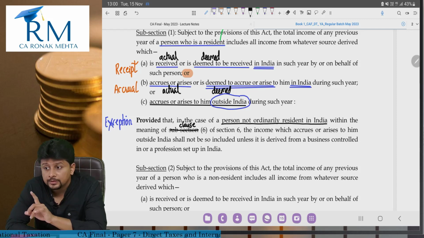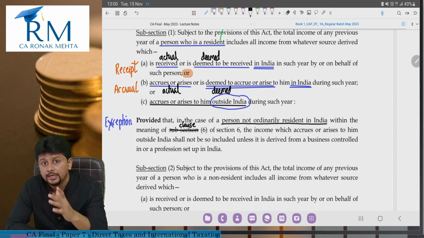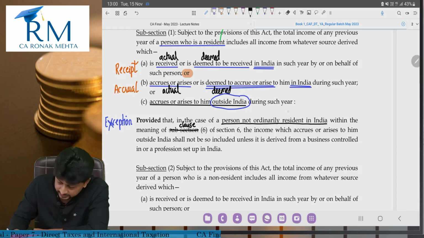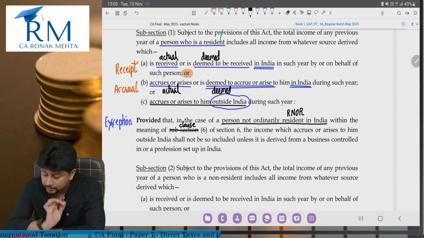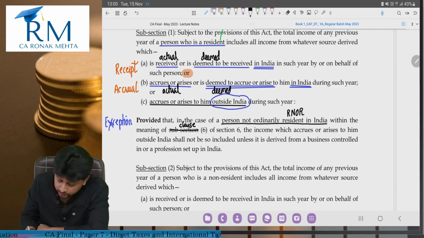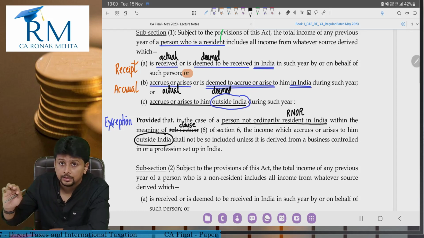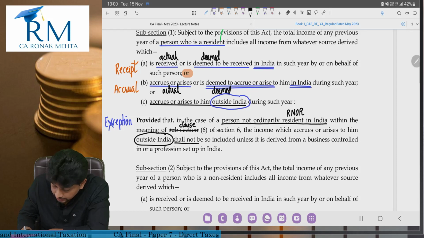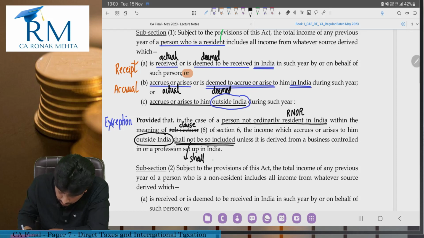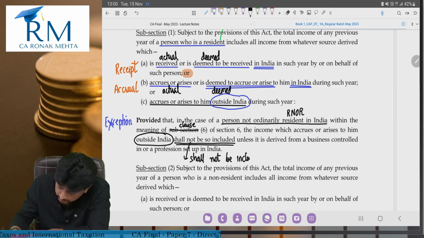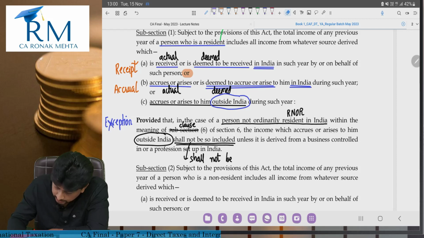In case of a person not ordinarily resident in India, so he is a resident, but he is not ordinarily resident, the income which accrues or arises to him outside India shall not be so included. Shall not be so included meaning shall not be included in total income, which means in simple words, it shall not be taxable in India.